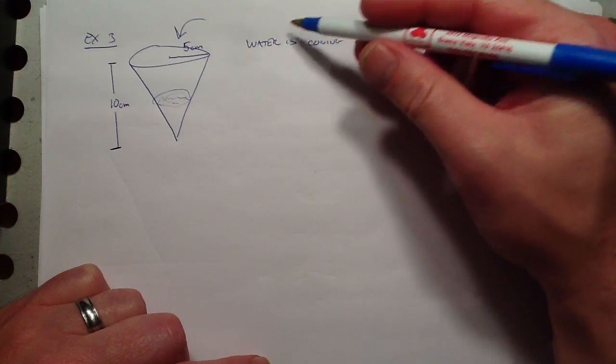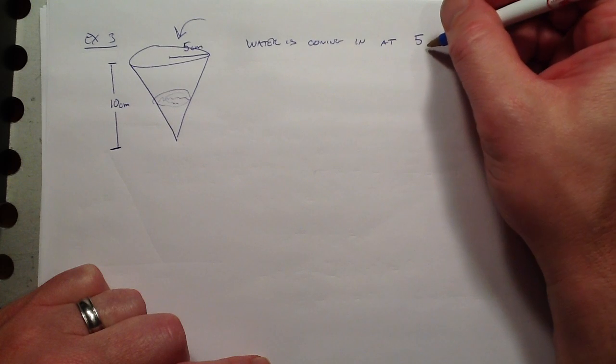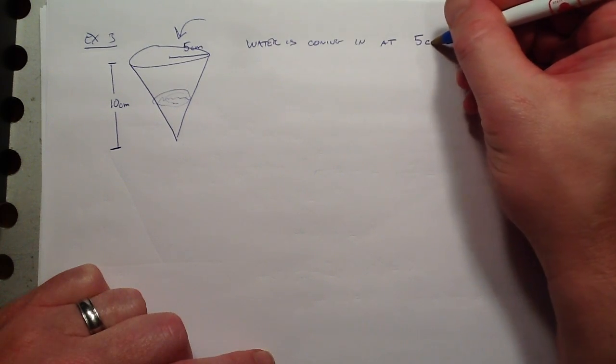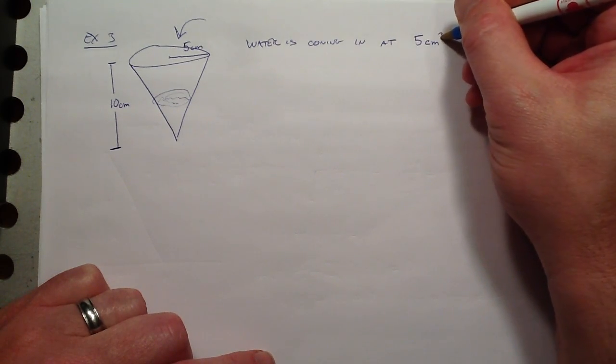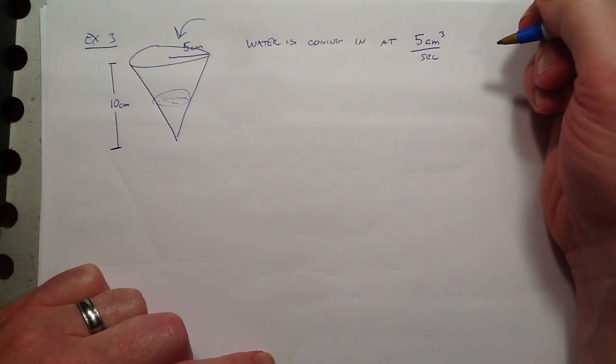Think about this. This is the rate that water is coming in. It would have to be volume, right? Water that's taking up some space, so maybe 5 cubic centimeters per second. Something like that.